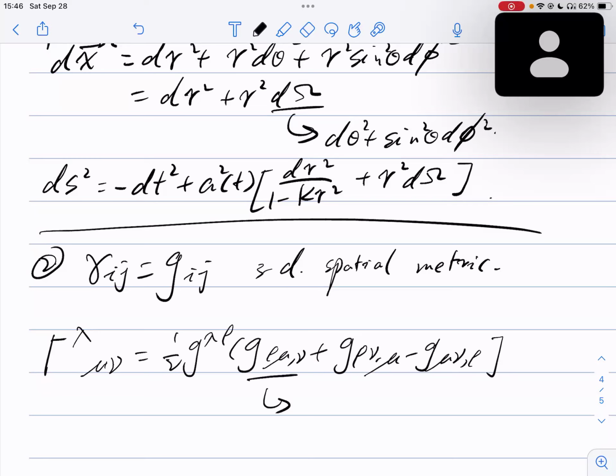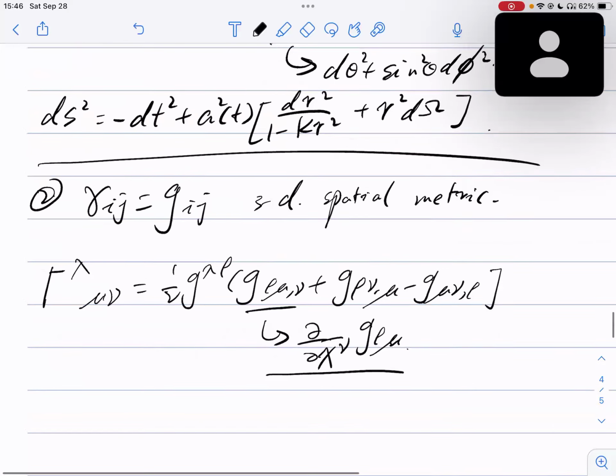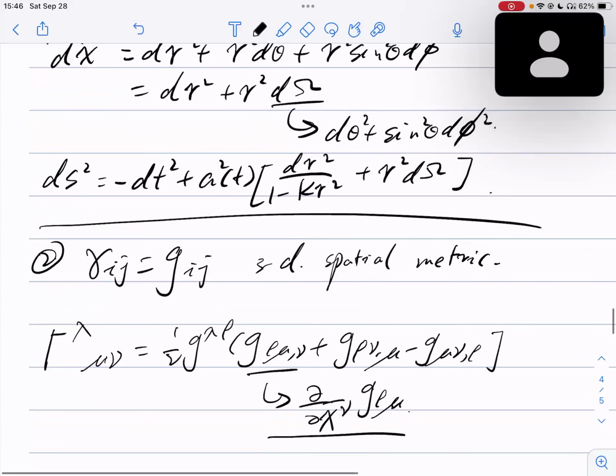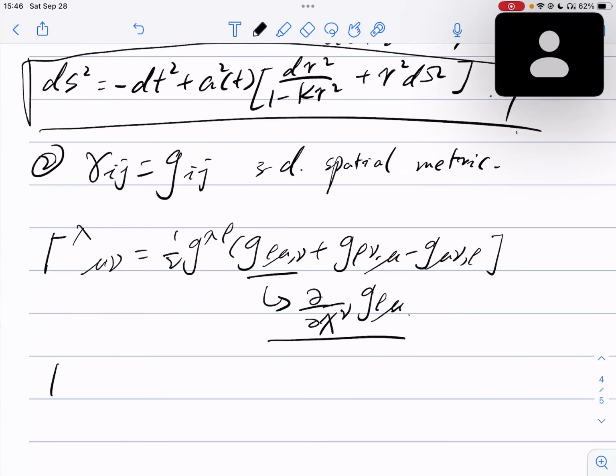This comma means just the partial derivative over the coordinate x. Yes, it's the definition. Okay, so because we have obtained the FRW metric, we can easily calculate the components of this Christoffel symbol. Obviously, if gamma has more than two time indices, it will vanish. It can be verified easily.